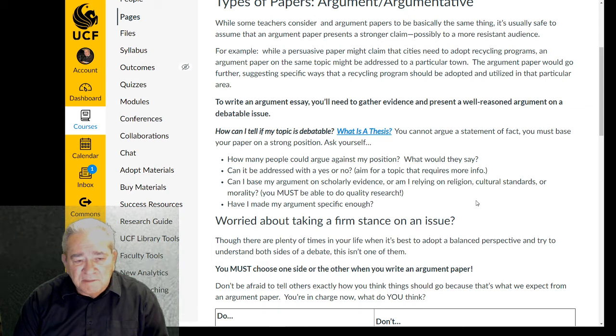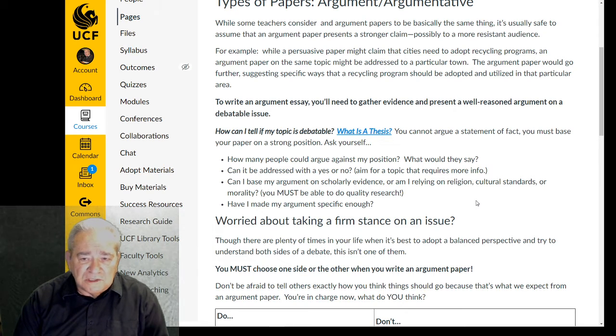And it's the same thing with groupthink. If you rely on groupthink instead of research, you're not going to do a good job of getting rid of bias, and you're not going to do a good job of proving your points. You're not going to do a good job of actually supporting evidence that can support your particular opinion.